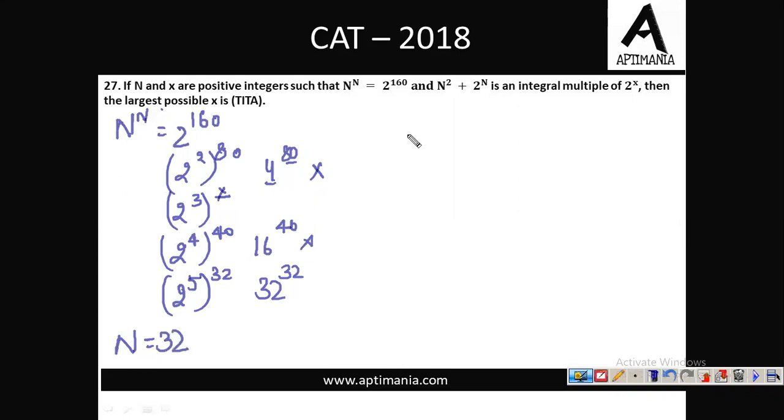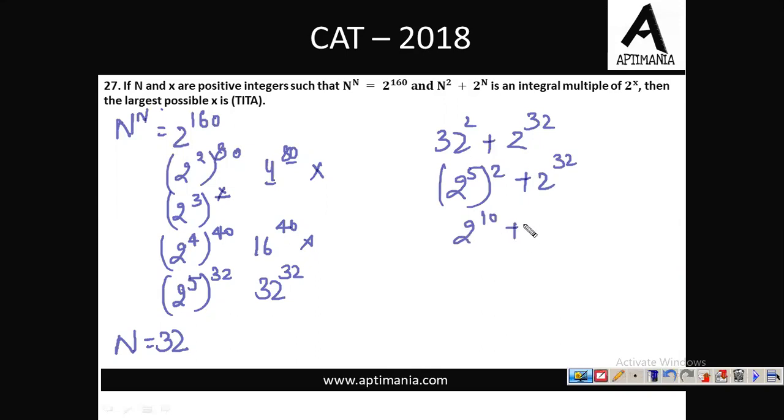What they've asked is n square. So n square will be 32 square plus 2 power n, which is 2 power 32, is an integral multiple of 2 power x. If we convert into powers of 2, it will be 2 power 5 whole power 2 plus 2 power 32, so 2 power 10 plus 2 power 32.